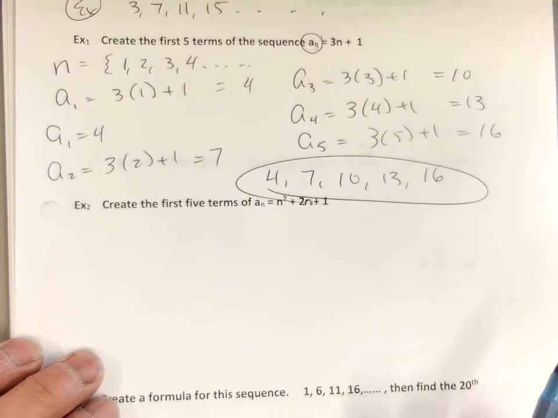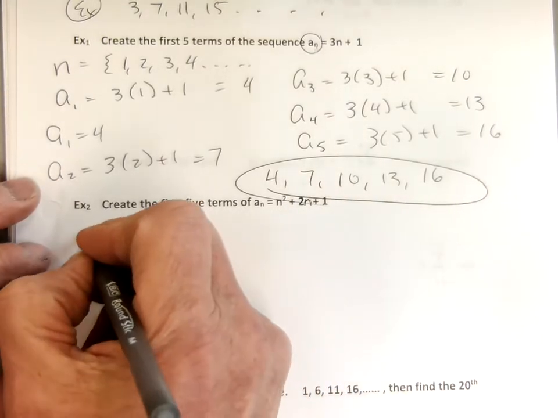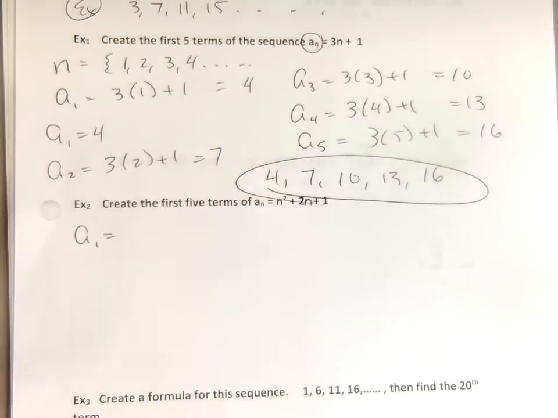example 2 looks harder, but if I have a calculator, it's going to help. Same thing. I'm going to go, okay, A1. How do I make A1? How do I make the first term? So A1 is 1 squared plus 2 times 1 plus 1, right? Agree?